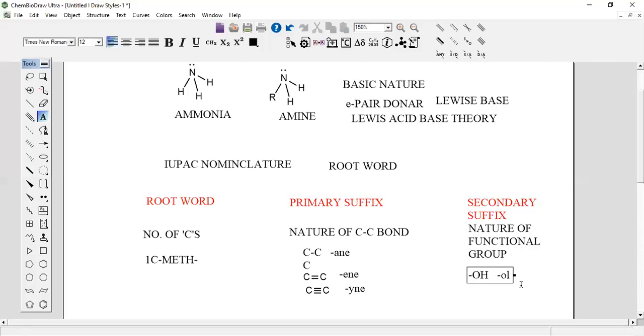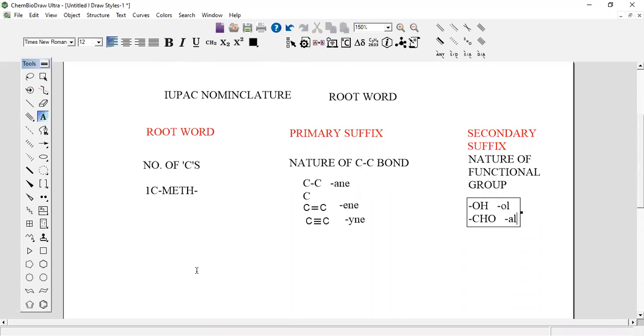Suppose CHO is there, these are aldehyde groups, and we write al for this. These are two examples. But in the case of amines, whenever we have only NH2, we call it amine.